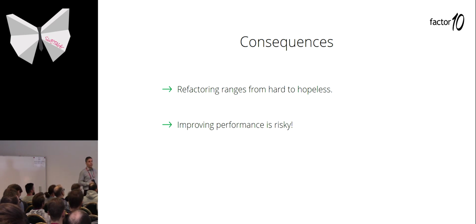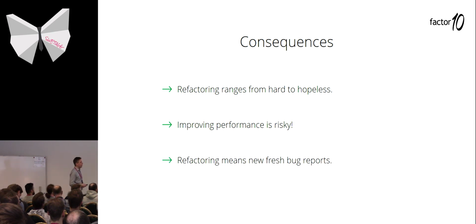Improving performance is very risky because improving performance often means refactoring, and refactorings are hard. If you do a refactoring anyway, you can count on a fresh set of bug reports coming in from the users because you will break things. Not a good place to be.